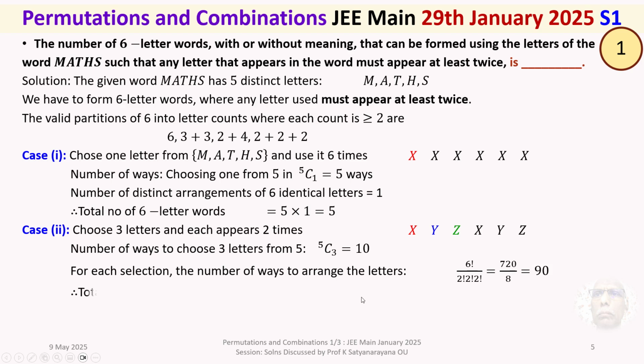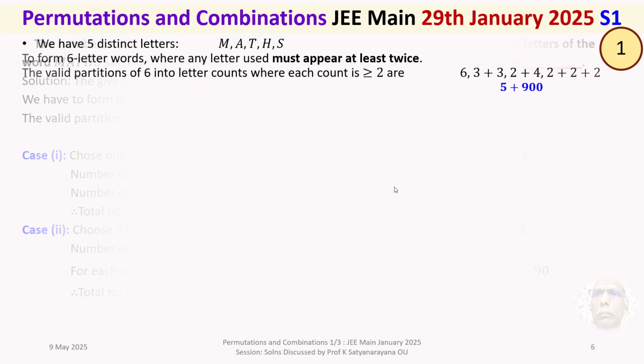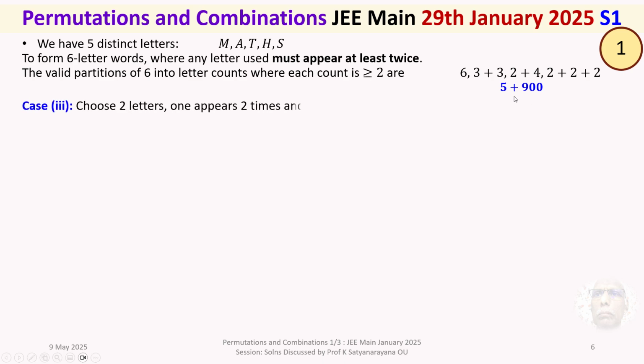By the product rule of counting, the total number of 6-letter words will be 10 multiplied by 90, that is equal to 900. So far we have counted 2 cases. In the first case we got 5, in the second case 900.